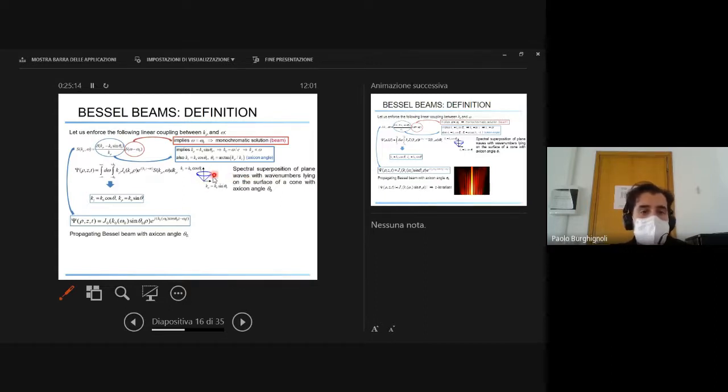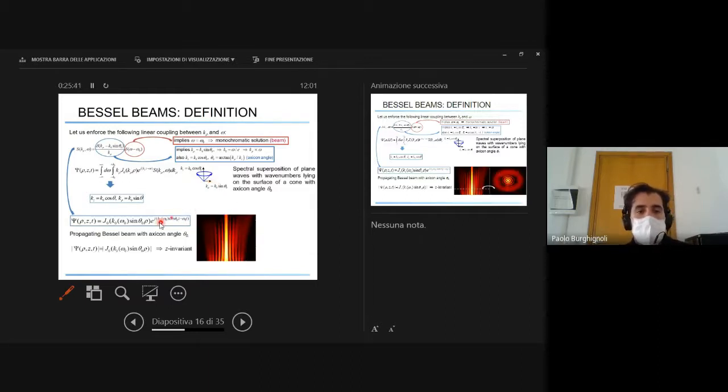And this can be understood by looking at the argument of this Dirac function. Indeed, this integral will give you a contribution only when the radial wave number is fixed to this value of k naught sin theta naught, that fixes the radial wave number to lie on this cone. This is also due to the azimuthal symmetry properties that we enforced here.